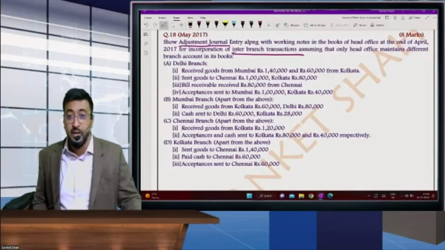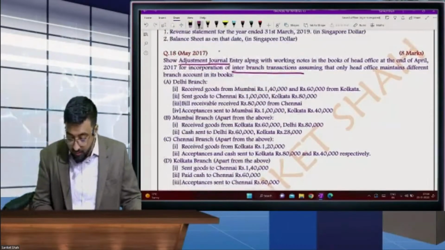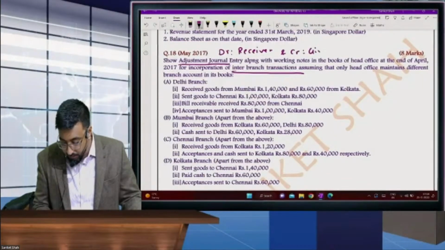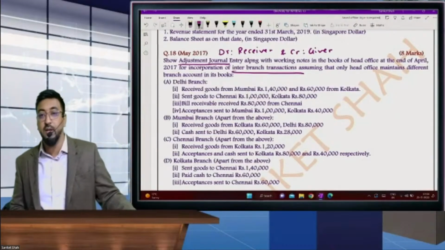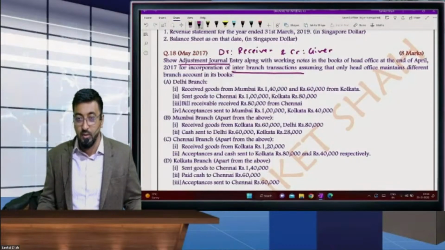Delhi branch received goods from Mumbai and from Kolkata. Now here you have to see the relationship: debit the receiver and credit the giver. It's a very simple question.